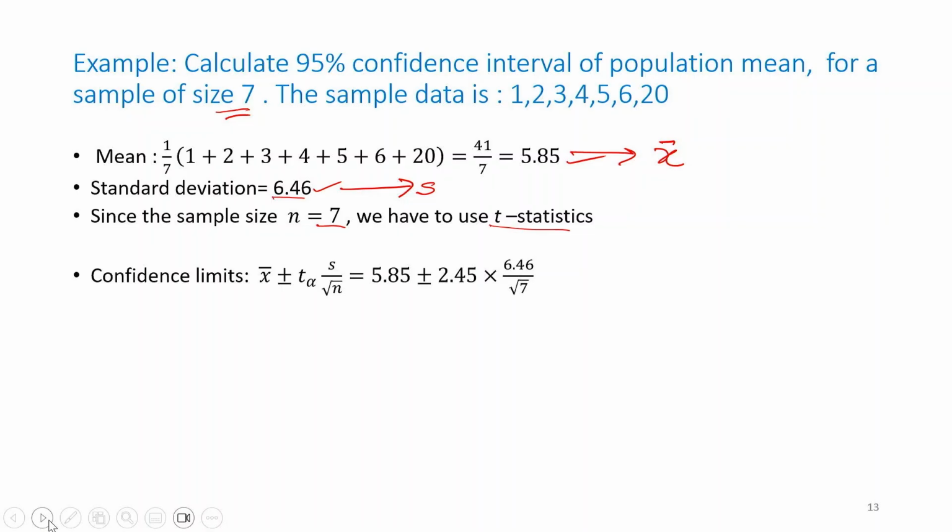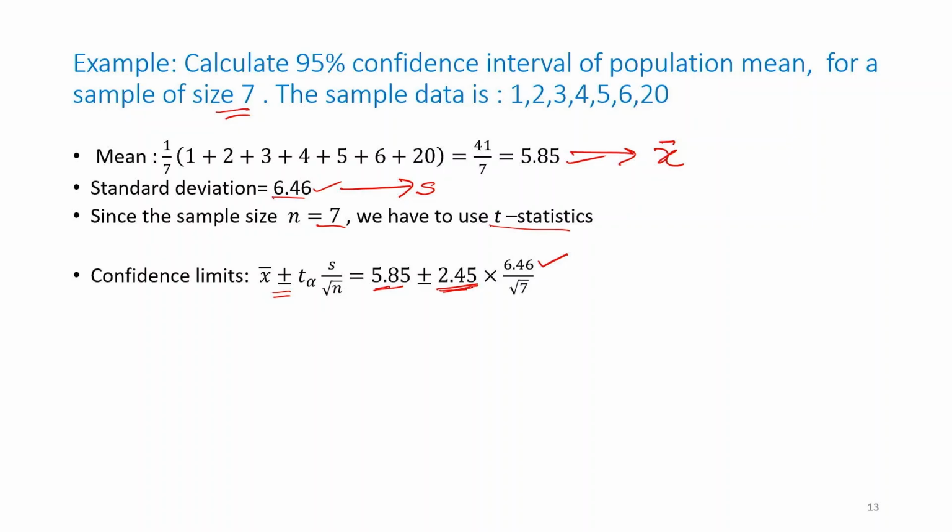And the confidence limits, as we have seen in the previous slide, are an upper limit and a lower limit. So we have to go for x bar plus minus t k alpha S by root over n. I have calculated these values.